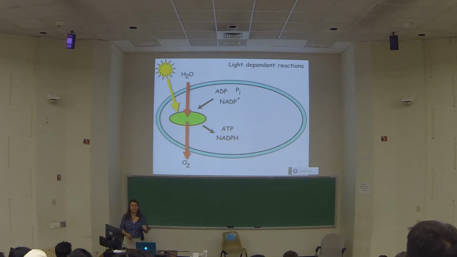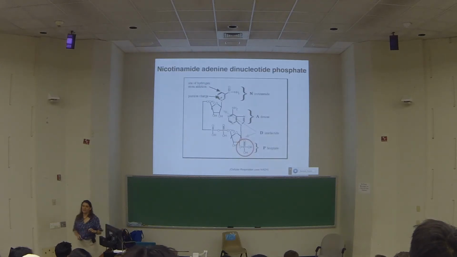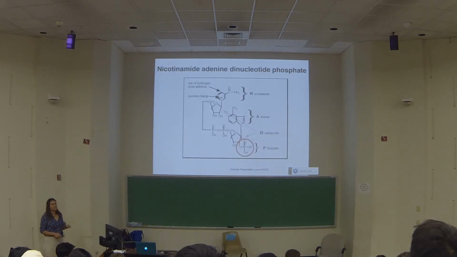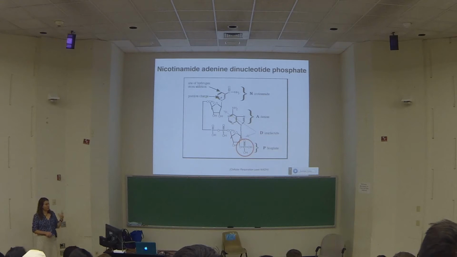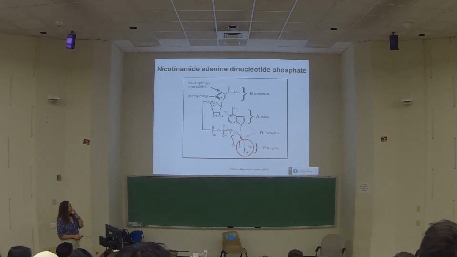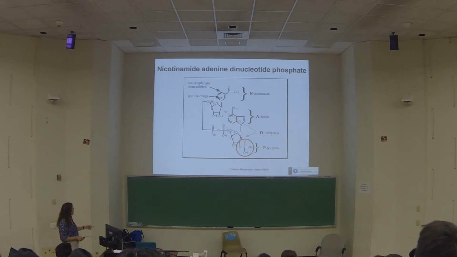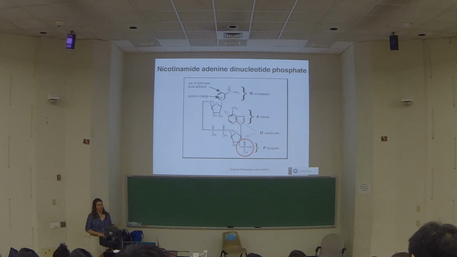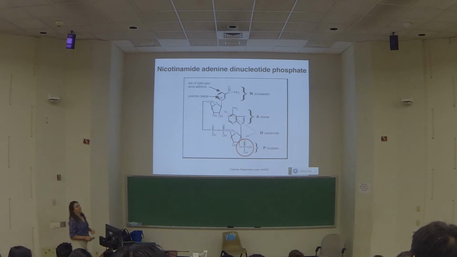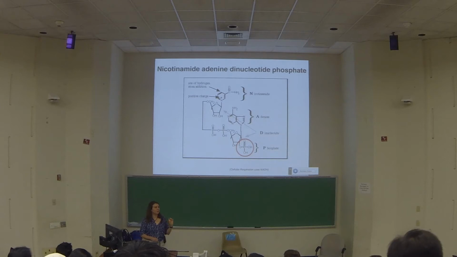So what does that P stand for? Phosphate. So there's a slight difference in electron carriers between cellular respiration and photosynthesis. NAD was nicotinamide adenine dinucleotide, and in photosynthesis we have nicotinamide adenine dinucleotide phosphate. So pay attention to whether there's a P on that electron carrier or not when you're reading your questions on your exam.